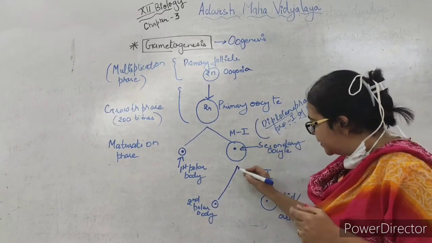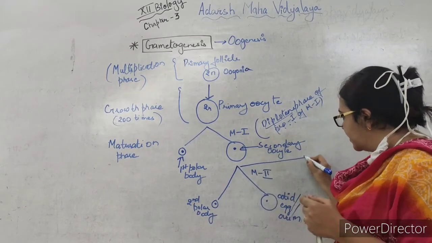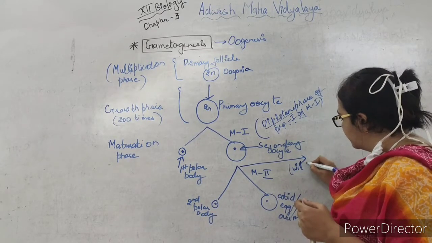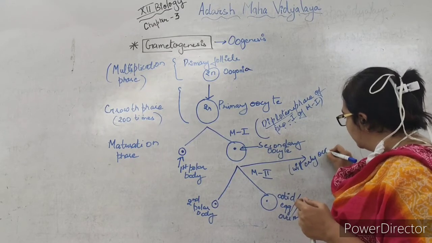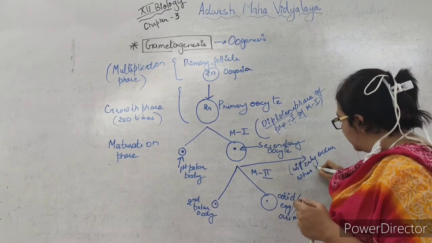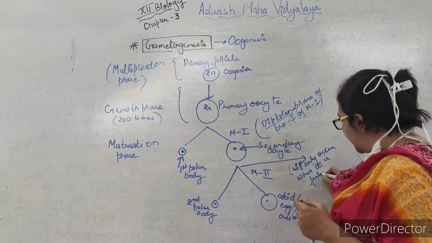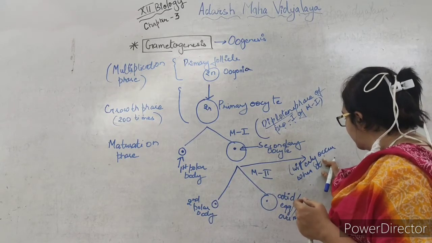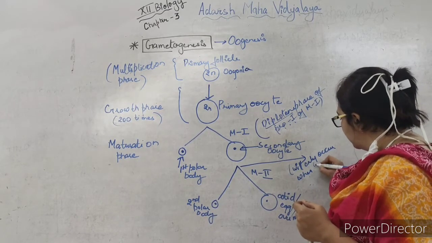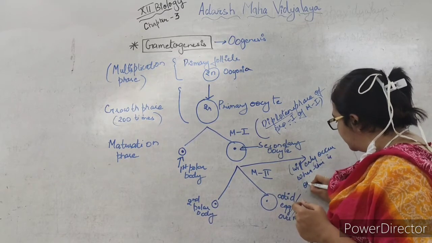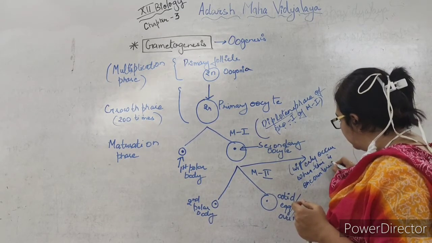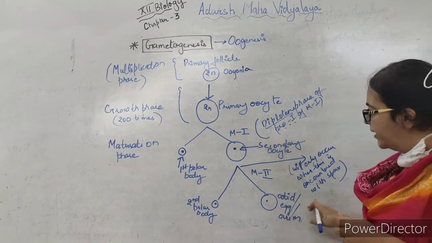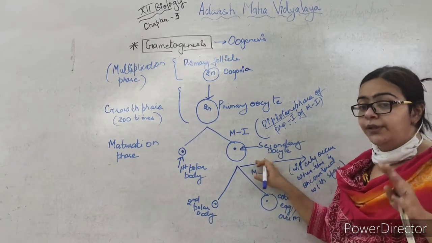And this particular step, that is meiosis 2, will only occur when this secondary oocyte encounters the sperm.